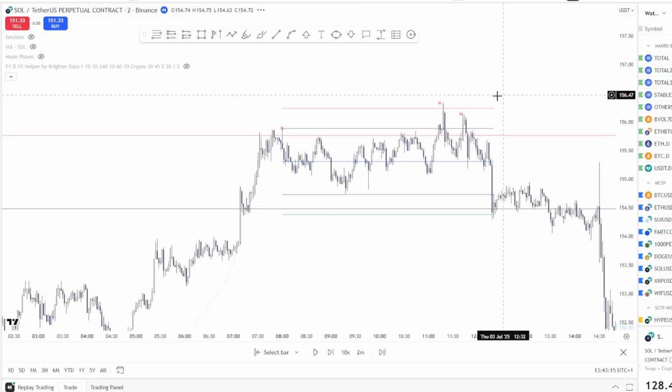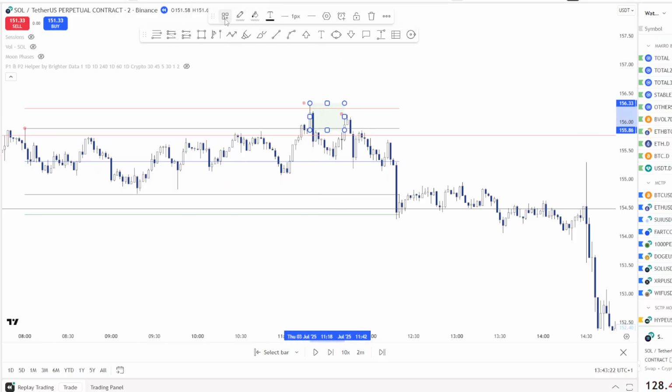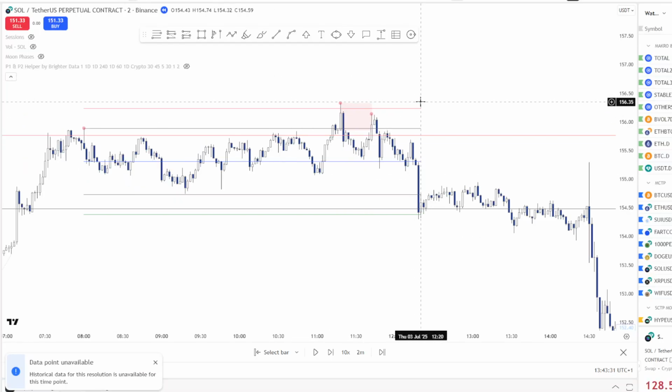And zooming in, we had here an order block where we rejected. Can I go to the 1? No, I can't go to the 1.